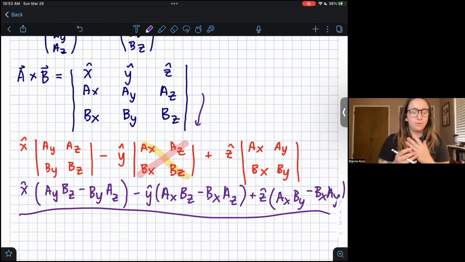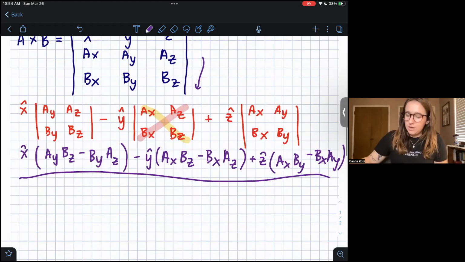For example, if you have a magnetic field that's only in the Y direction and your current's in the X direction, then you can find the force or any other quantity by using this matrix form.